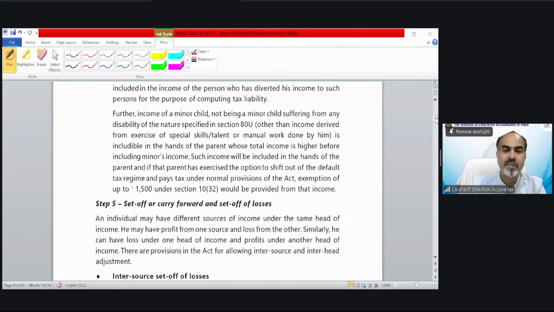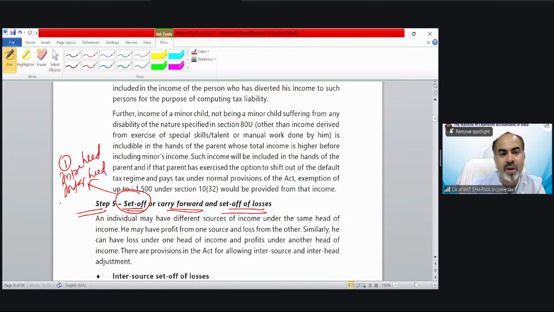Then after clubbing, we have to go through the set off or carry forward and set off of losses. Set off has two parts, intra-head and then inter-head. And remember, you have to apply them in this systematic order only. First, you need to try to set off losses under the intra-head concept.